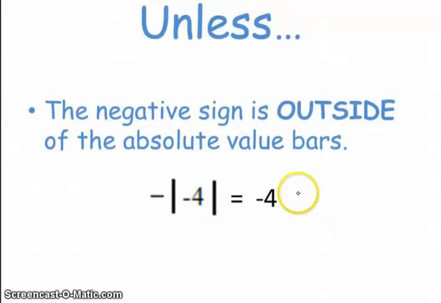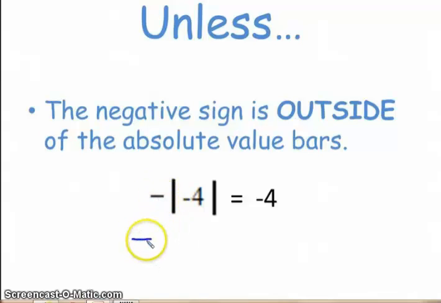Now, if we have a negative sign on the outside of the absolute value bars, then our answer will be different. What do I mean by that? So this is actually negative. In front of this bar right here, there's a 1. And remember I said whenever there is no operation between any number, it means to multiply.